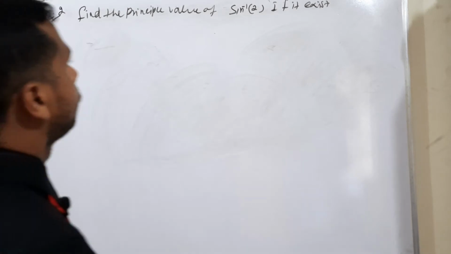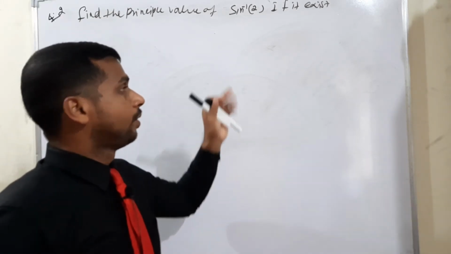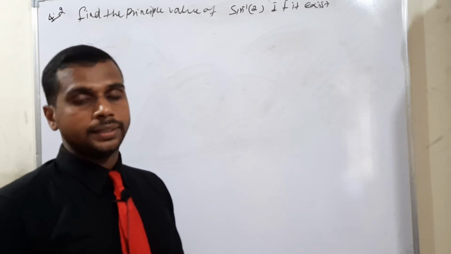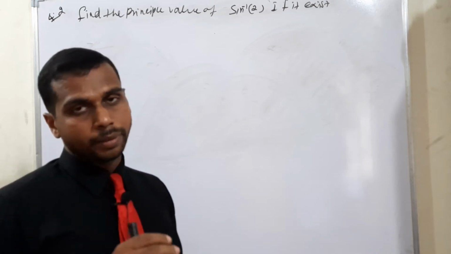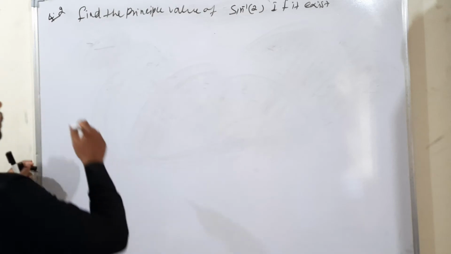Question: find the principal value of sine inverse 2, if it exists. So definitely we can say sine inverse x does not exist. Why? Already we know sine inverse has domain minus 1 to positive 1, but here 2 is given. Therefore, we can write the solution.